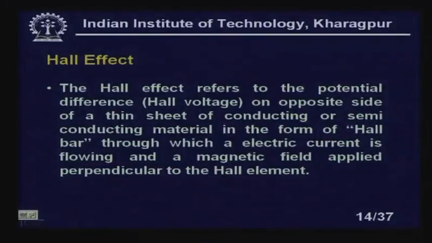I am applying an electric current, which enters through this and goes out of this. That means I have applied some voltage, and that is why some current is flowing. If I apply a magnetic field here, you will find that across these two surfaces a potential will be developed. That potential is what we call the Hall voltage.